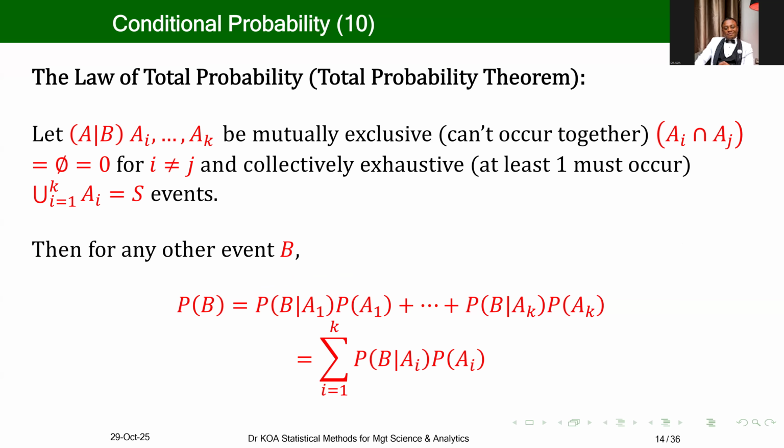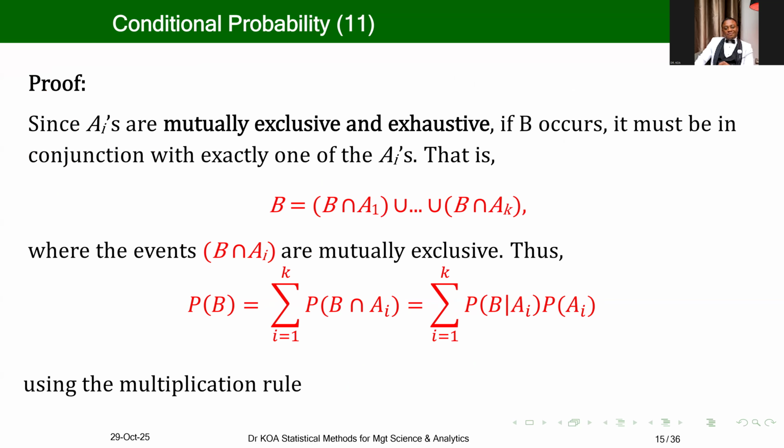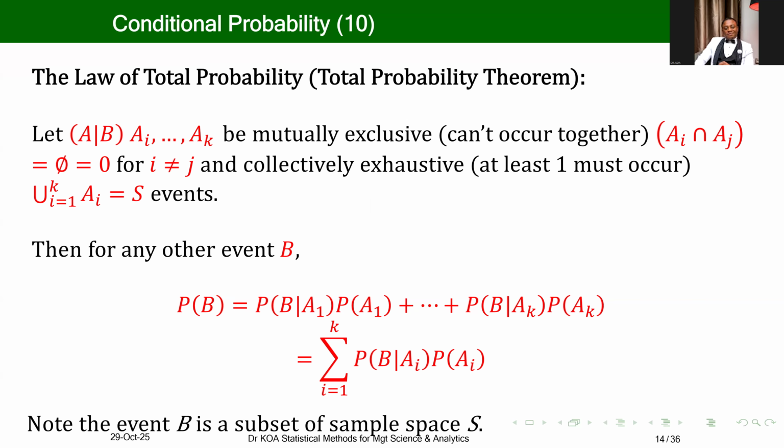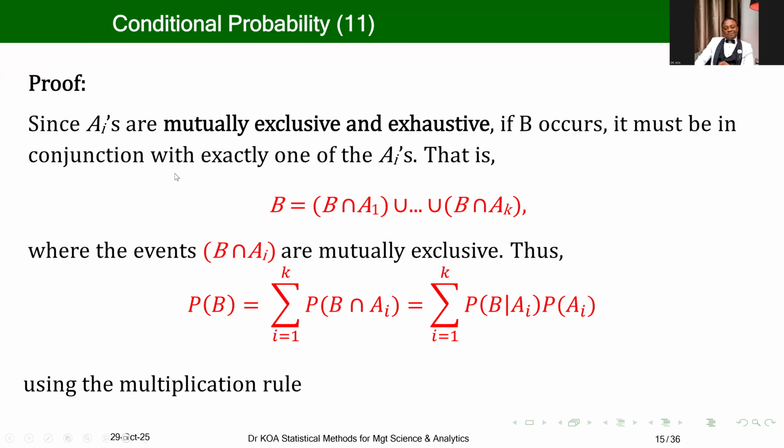So we looked at conditional probability, and then because of mutual exclusivity and collective exhaustiveness, we have defined the total probability theorem. Now, with this in mind, we can define Bayes theorem. But of course, there's a proof of why the probability of B is equal to the sum of all of this. The proof is that I've already said it: the A's are mutually exclusive and exhaustive.